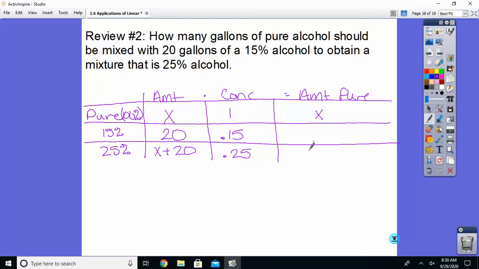X times 1 is x. 0.15 times 20. 0.25 times x. How do we write the equation from here? Add the first two to equal the bottom.